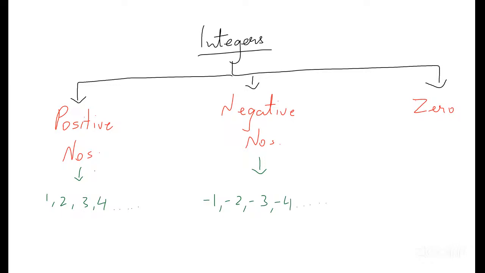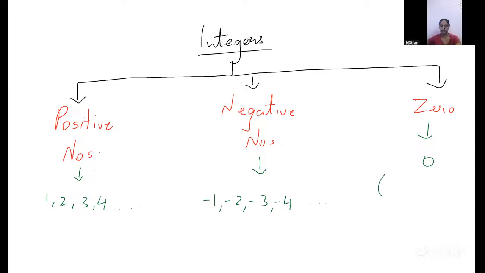Then we have the third type, that is 0, which is neither negative nor positive. So we call it neutral, because you cannot say 0 is negative or 0 is positive. It comes at the center of the number line.